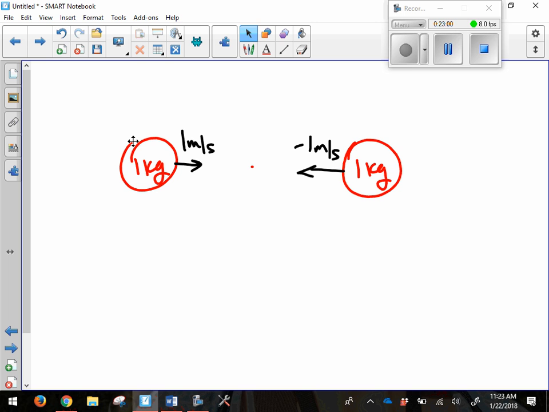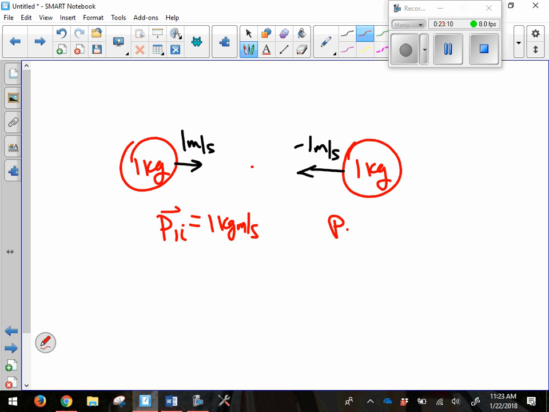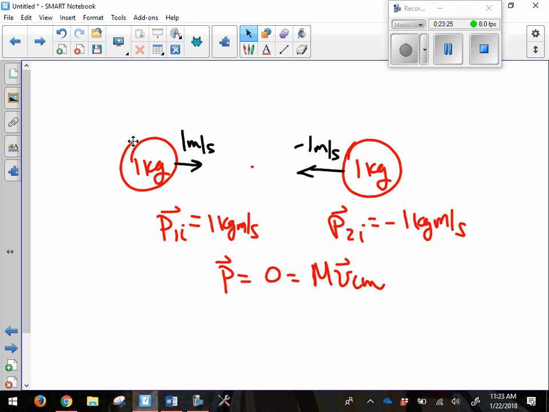It wouldn't, because P1I would be 1 kilogram meter per second. P2I would be negative 1 kilogram meter per second. And when I found the total momentum, it would be 0. And that would be equal to the total mass times the velocity of the center of mass.